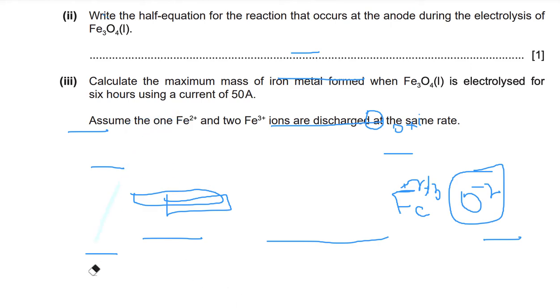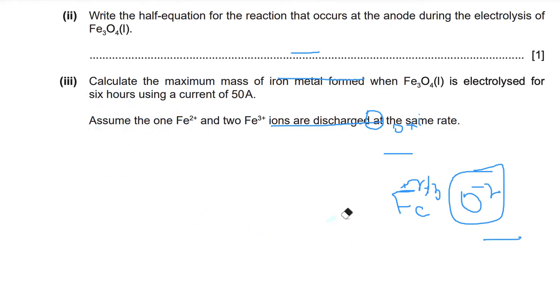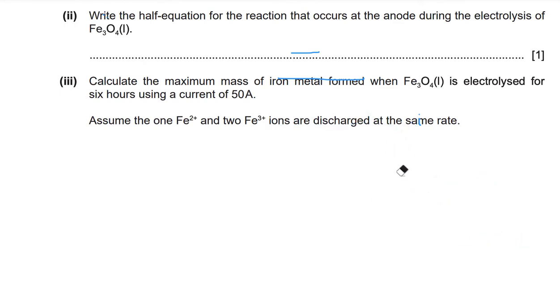Now it says calculate the maximum mass of iron metal formed when Fe3O4 is electrolyzed for 6 hours using a current of 50 amperes.